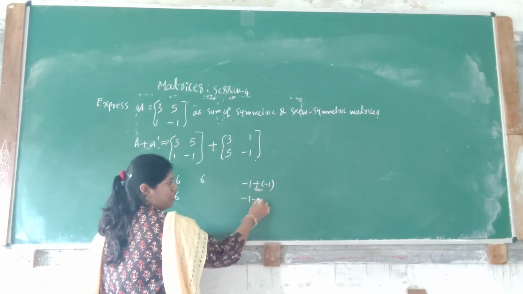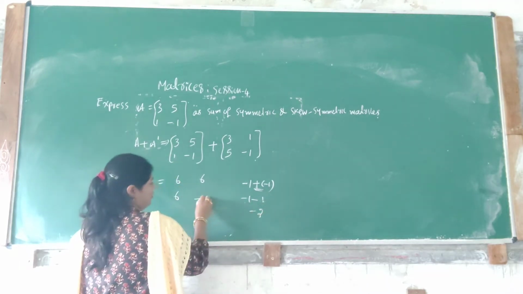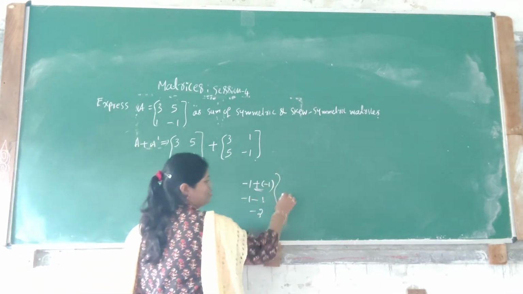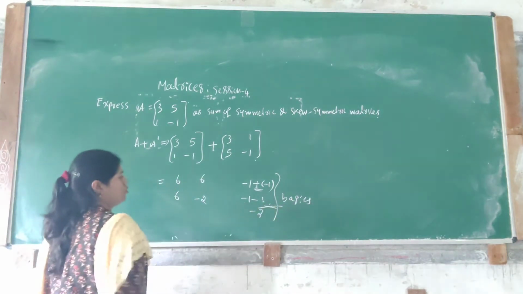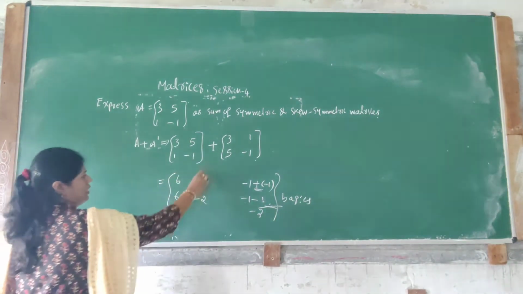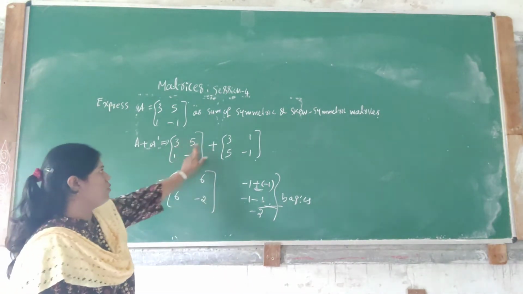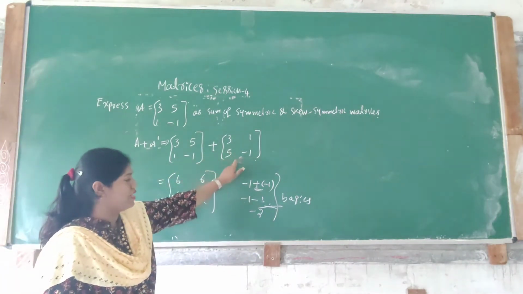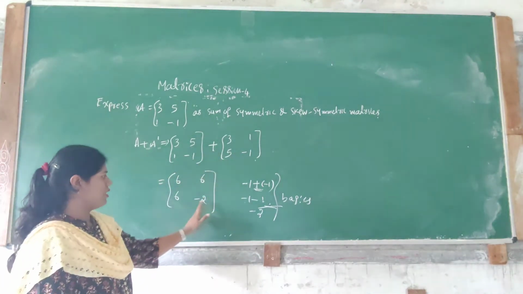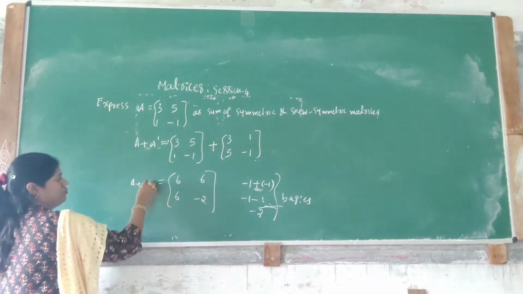Plus into minus is minus, so minus 1 minus 1 is minus 2. This is very important, this is basic. Students should know this. So this is A plus A dash: 6, 6, 6, minus 2.